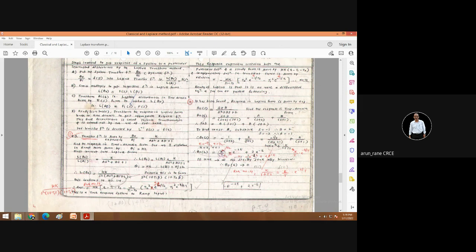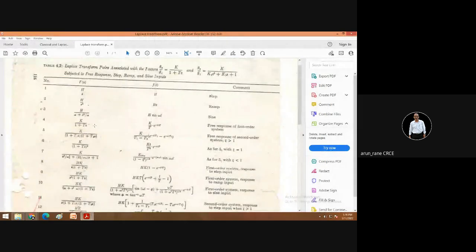So this is k upon 1 plus td, you have to compare this with k upon 1 plus td. So k is minus half, t is half. K upon 1 plus td, k is 2 and t is 1. So what is the Laplace inverse of k upon 1 plus td? We will refer to the table. Rule number 4.